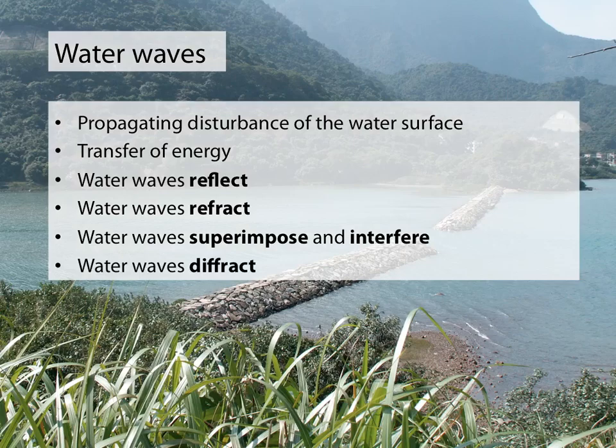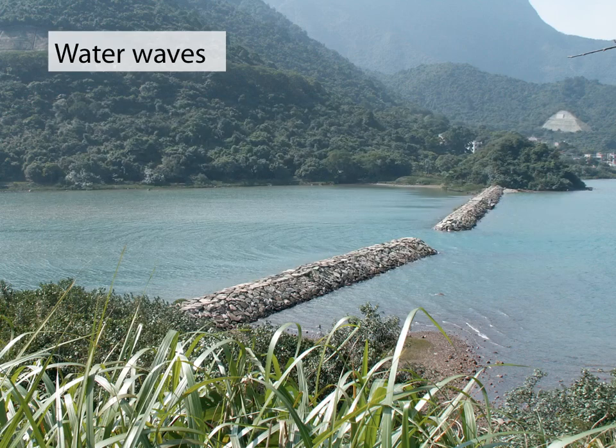The next and final wave phenomenon that I wanted to illustrate using water waves is simple diffraction. When a wave passes through a boundary, a gap, or just an edge will do, it diffracts. It spreads out in a circular pattern most of the time.